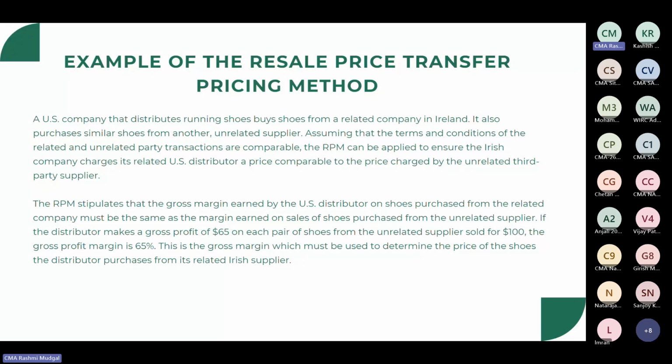So here the calculation is reverse, and we look at the profit percentage of the resale price. If you are going to earn 65% profit and you are selling at 100, then buy from me at 65 rupees. So this is how it works in the resale price transfer pricing.